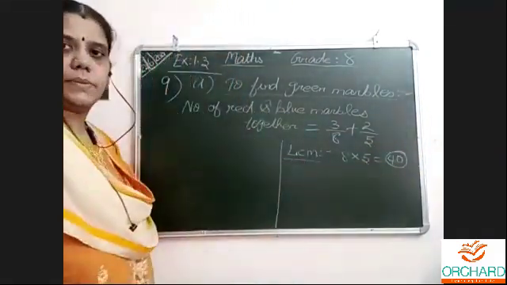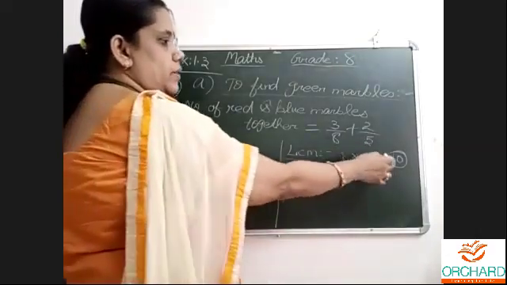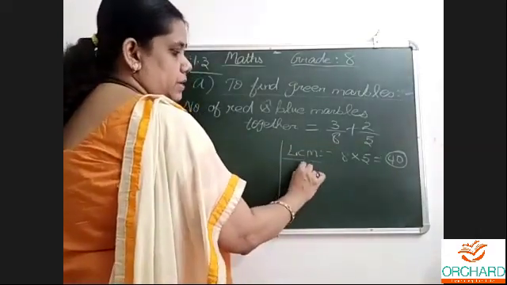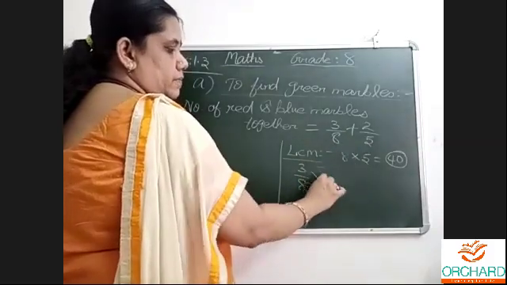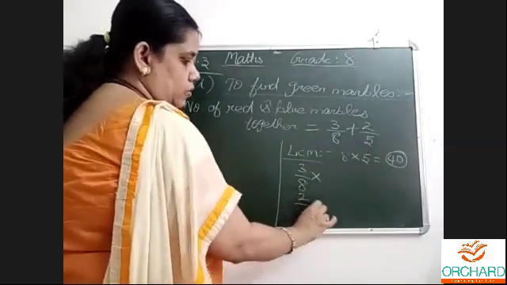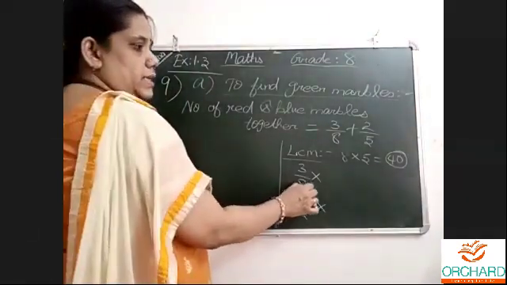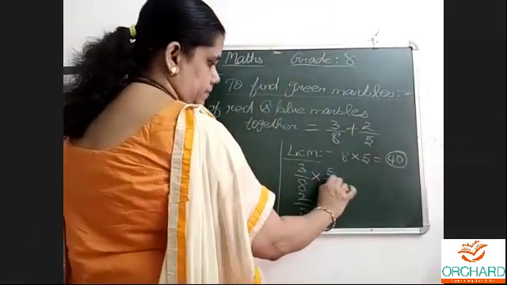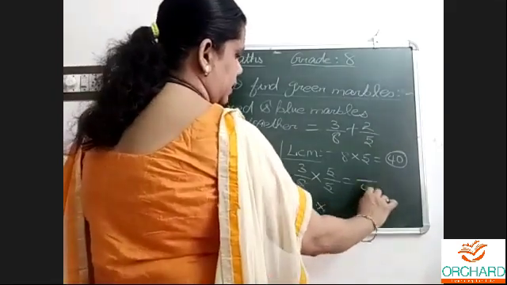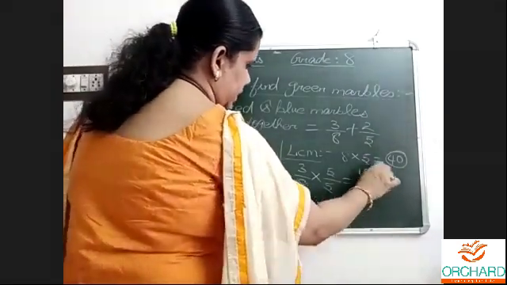One is not a multiple of the other, so you can do 8 5s are 40. First number 3 by 8 into, second number 2 by 5 into. I want the denominator as the LCM, 40. Here 5 3s are 15.